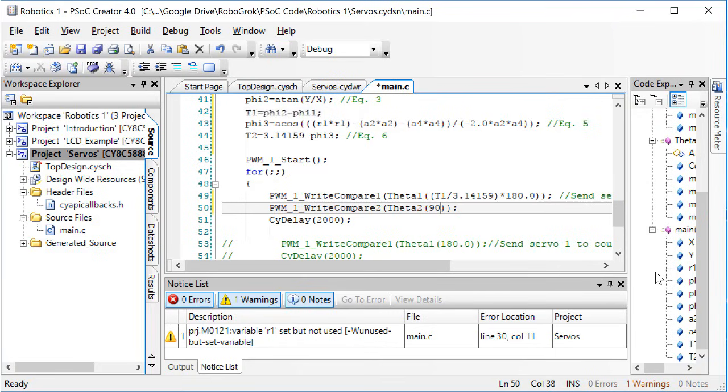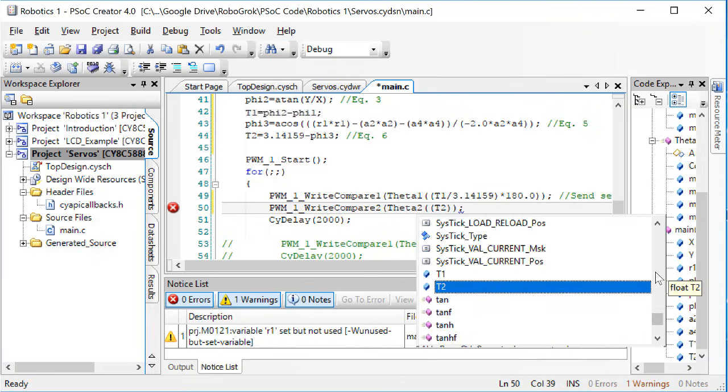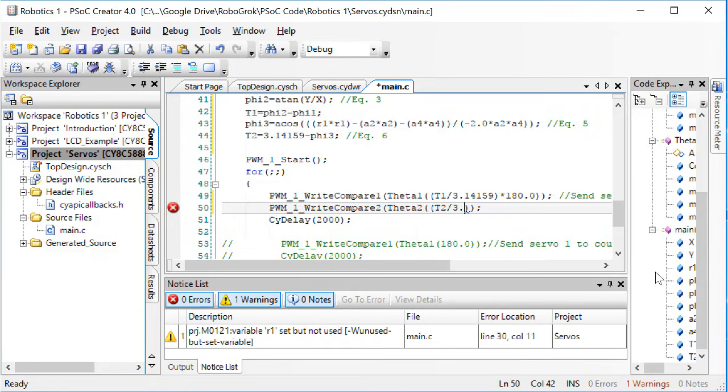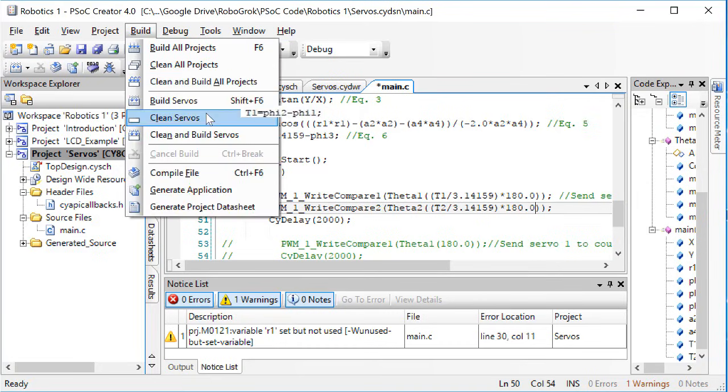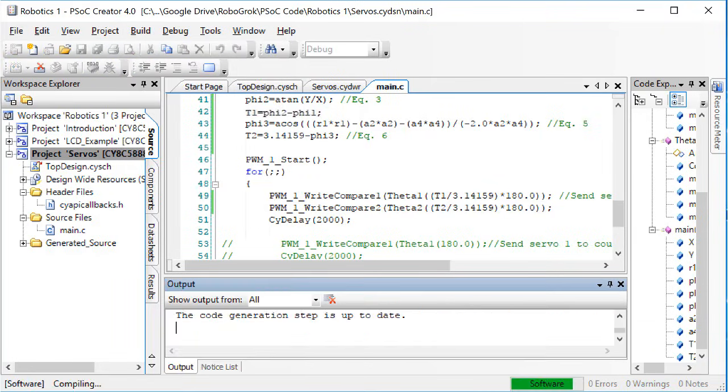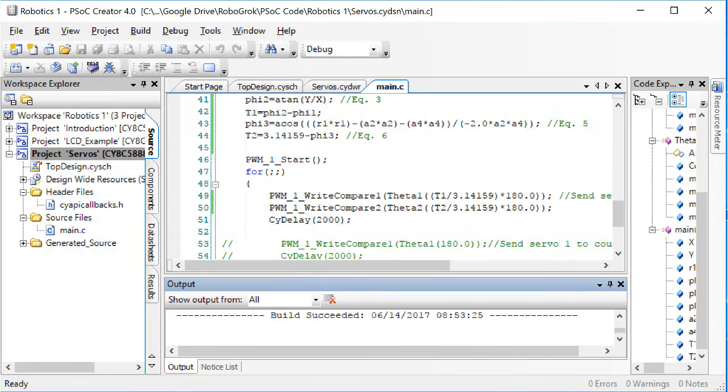And we'll do the same here. Theta 2 should be T2 divided by pi times 180. Let's build this and see if we have any errors. Build succeeded.